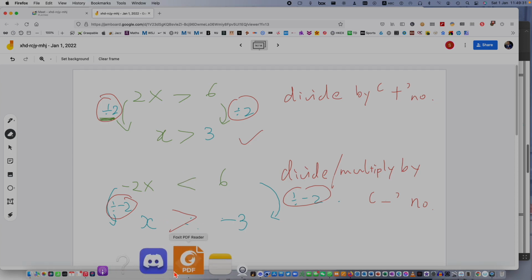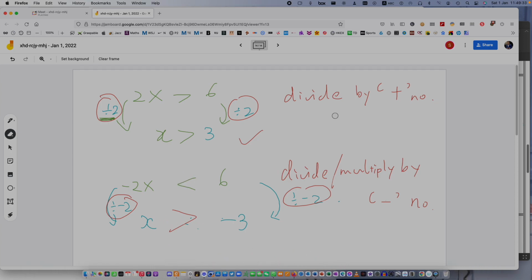So smaller becomes bigger. So remember, when it comes to inequality, inequality means not equal. Are you clear? When you divide or multiply by a positive number, there is no change to the sign.